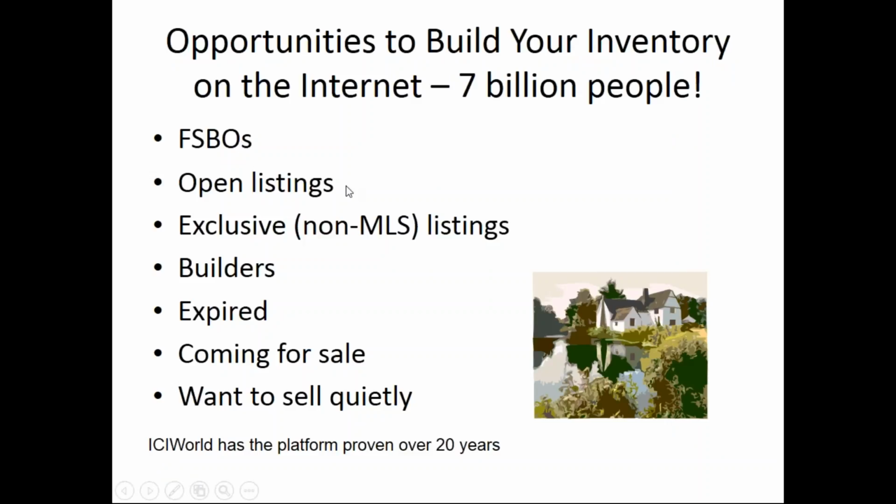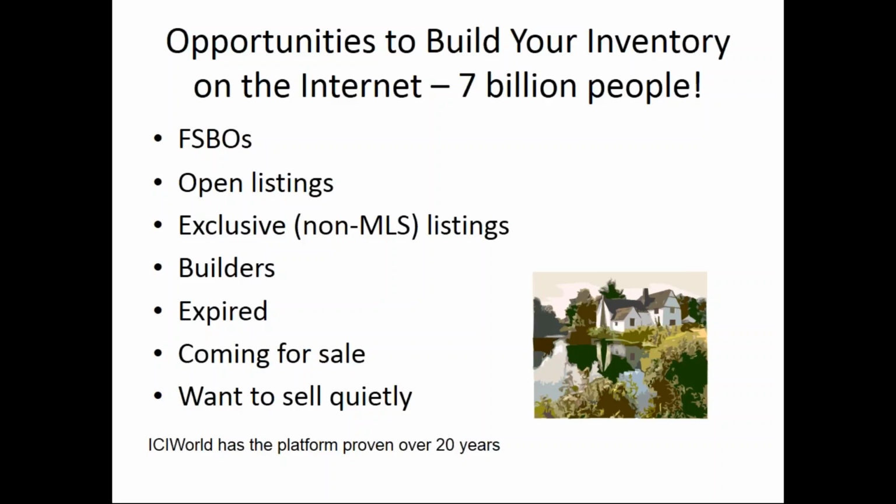You can do this with FSBOs, open listings, exclusive listings, builders that want to sell custom new homes, expired listings coming for sale. And a lot of people do not want their property to be placed on a real estate board. Businesses sometimes don't want their restaurant to be known by everybody that it's for sale. It could be bad for business.